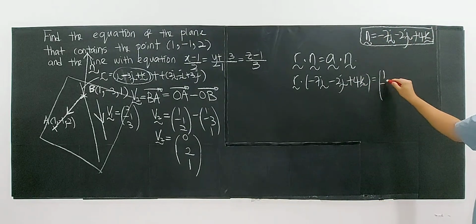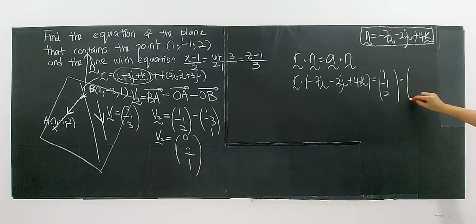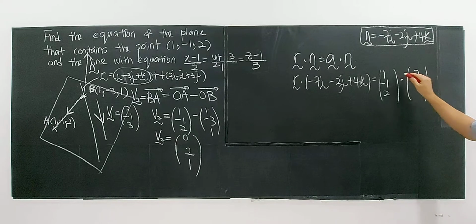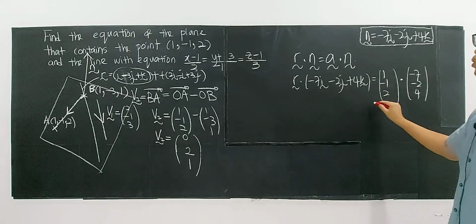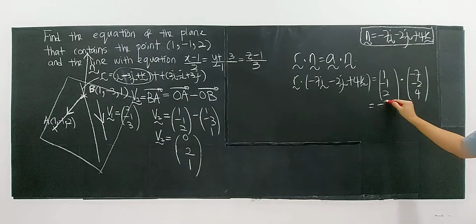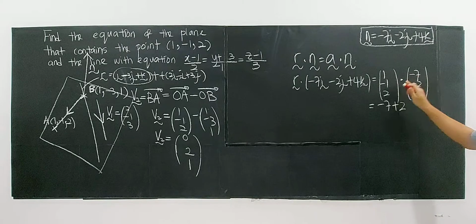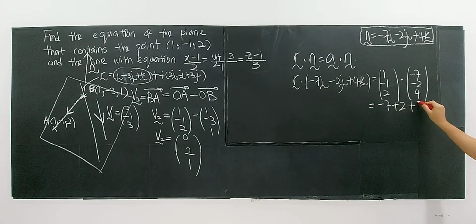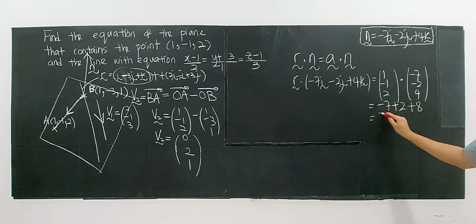So (1, -1, 2) dot with the normal vector, a dot n: negative 7 plus 2 plus 8. So 10 minus 7, we have 3.